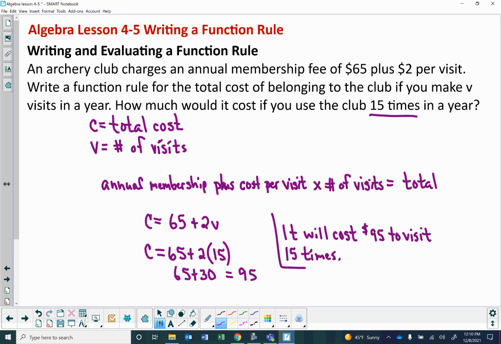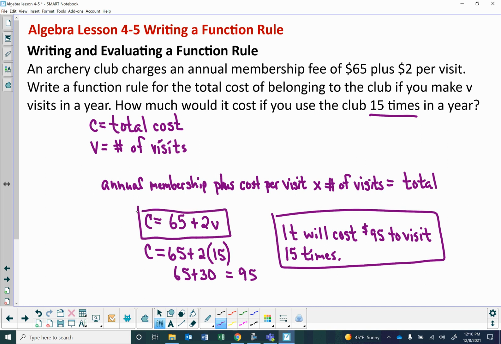So there we go. We made a rule, and then we evaluated it for 15 visits. And we know that it will cost us $95.